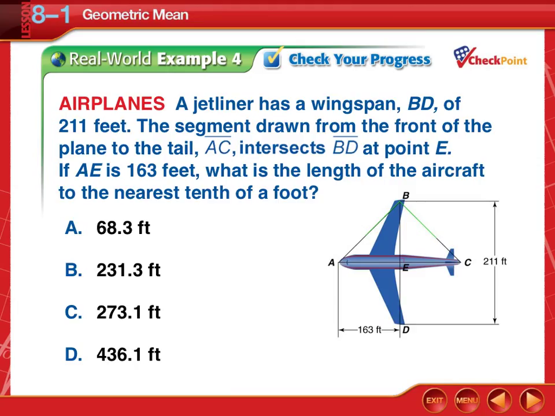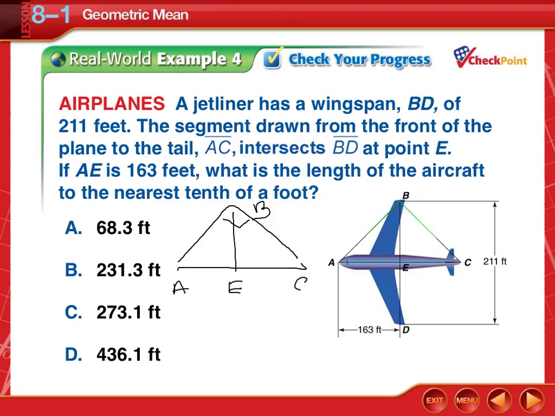So again, we're being asked for that hypotenuse, really, of the original right triangle. I'm going to draw it over here. We have B, A, C, and the altitude coming down to E. Now, if wing to wing is 211 feet, then our altitude is going to be half that.